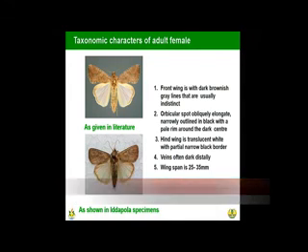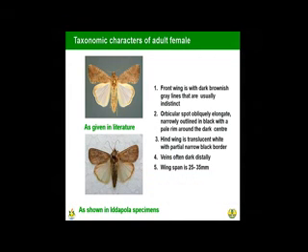The reniform is white with a partial narrow black border. Veins often dark distally. And wingspan is 25 to 35 millimeter.